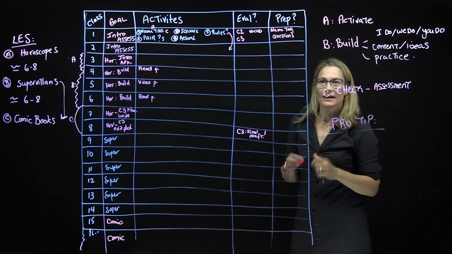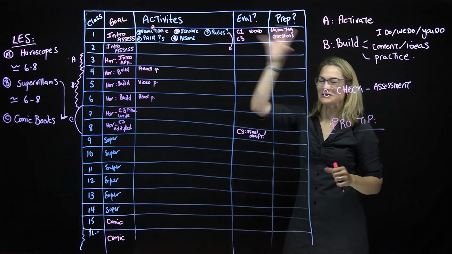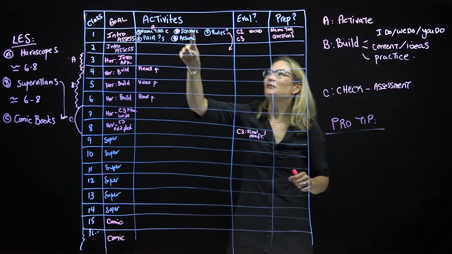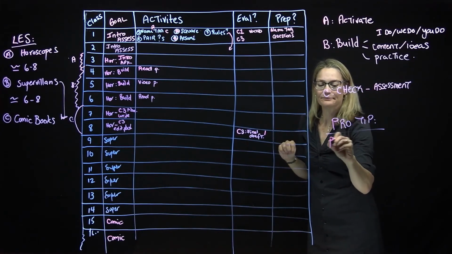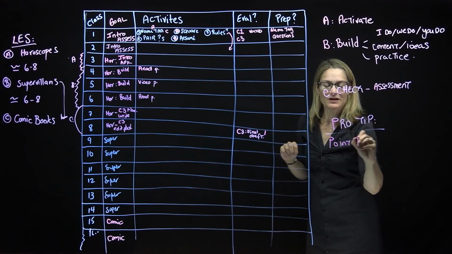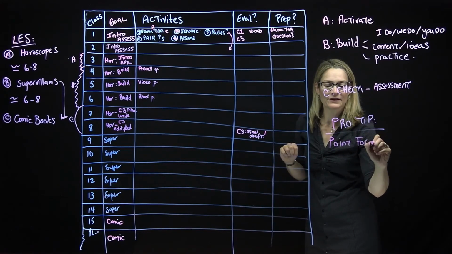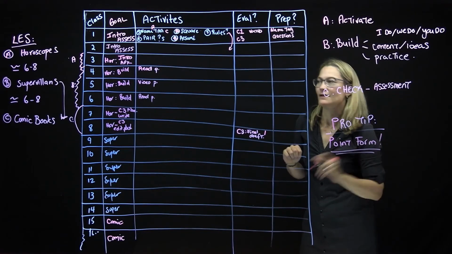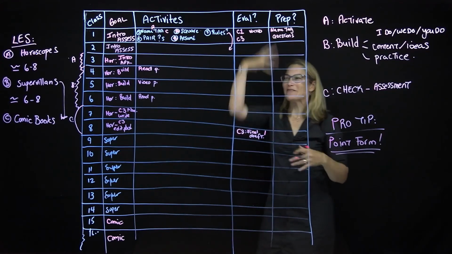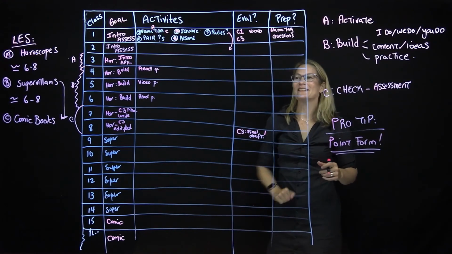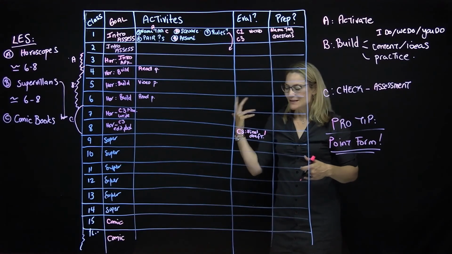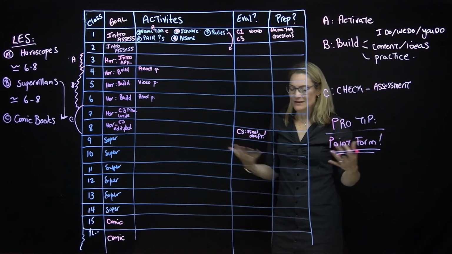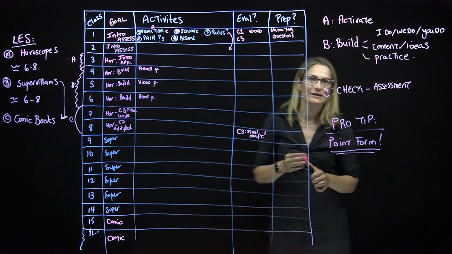And here's the pro tip. Don't write in paragraphs on your long-term plan. You can see that I only have 1 or 2 words here, and there's a reason for that. And that's because, as we've talked about before, things often go sideways in class. So if you have this beautiful plan all set out, and then the fire bell goes off, or someone arrives late, or something silly happens, which often happens in high school, right?